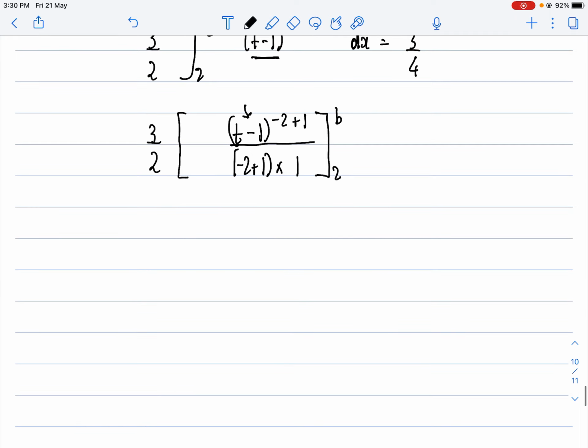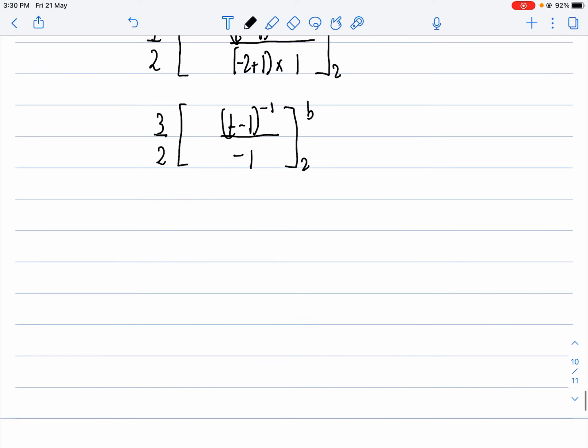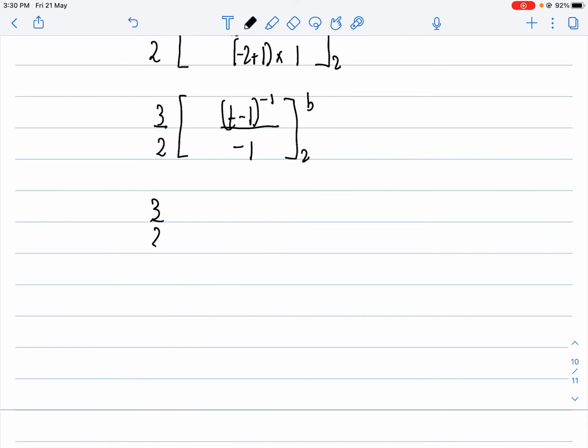Now I can write this as 3/2 with (t − 1)^(−1) over −1, with 2 and b. So this can finally be written as 3/2 with the integration −1/(t − 1) with the limits 2 and b.